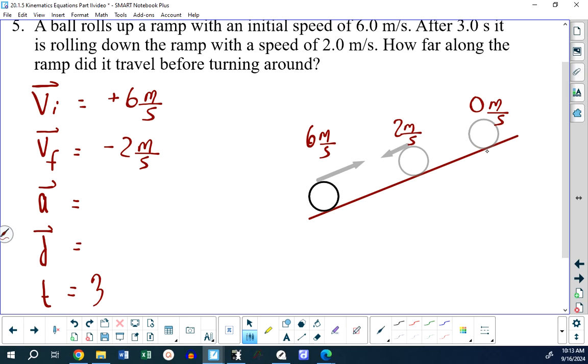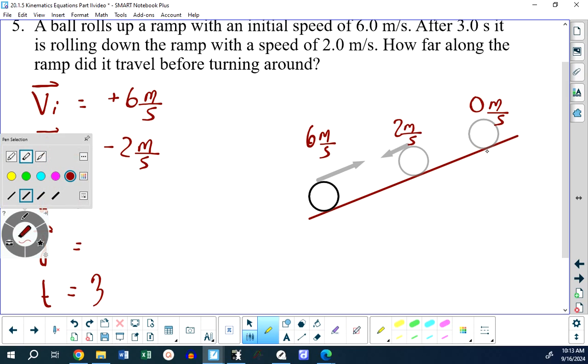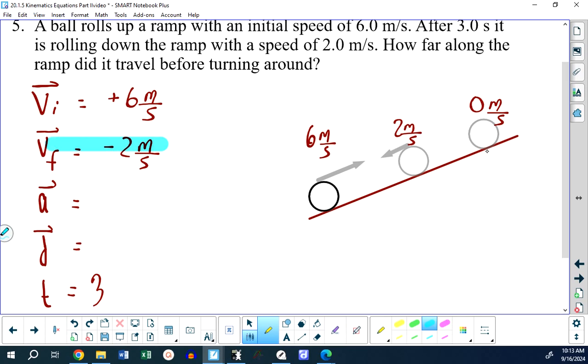So all of this information here, everybody, is talking about that situation. Over here, this is something different. But there is something that is the same in both situations.